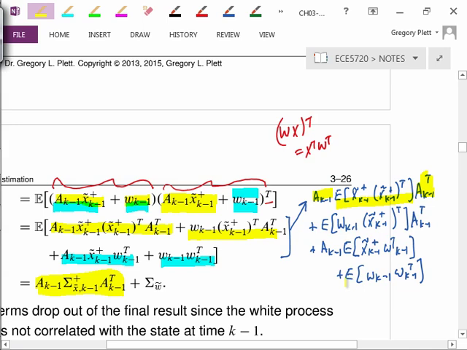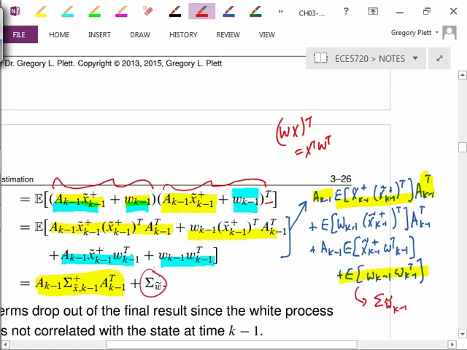Then at the very end, I've got expected value of w wᵀ, and that is, in the first step, we would write that as Σ_w, k minus 1, and then recognizing that w is zero mean, the correlation is the same as the covariance, so I can put the tilde on top, and that gives me that term right there.